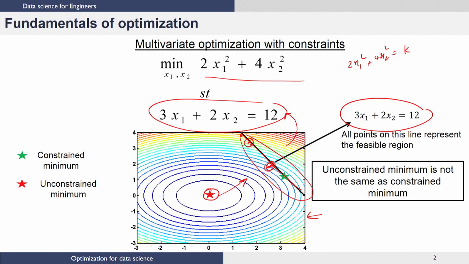Now, let us take a slightly different viewpoint and look at the same problem from an objective function viewpoint. From an objective function viewpoint, if you did not constrain me at all and you said you could do anything you want, then I would pick this point as a solution.